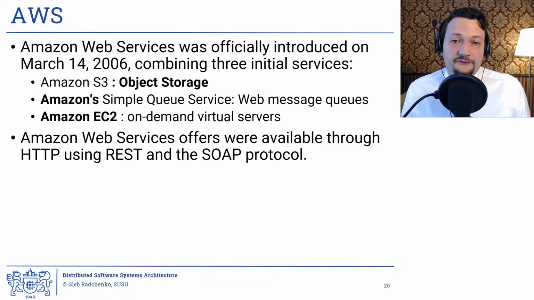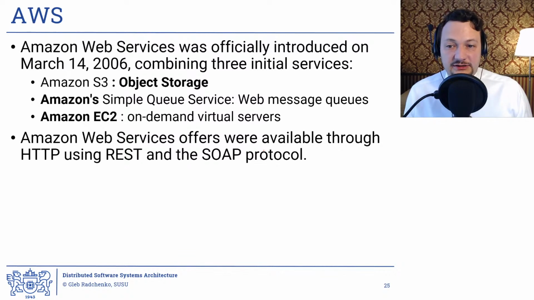So how did Amazon Web Services start? They were officially introduced in 2006, combining 3 initial services. Amazon Simple Storage Service, this is object storage, Amazon S3. Amazon Simple Queue Service, that is web message queues.